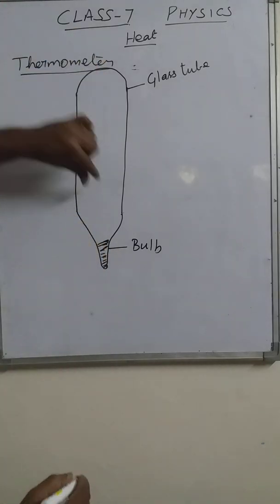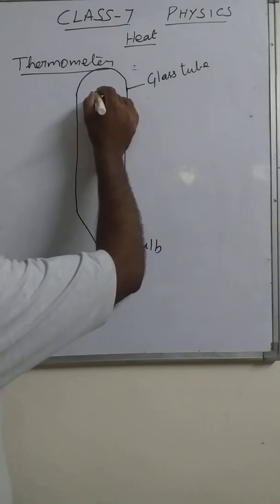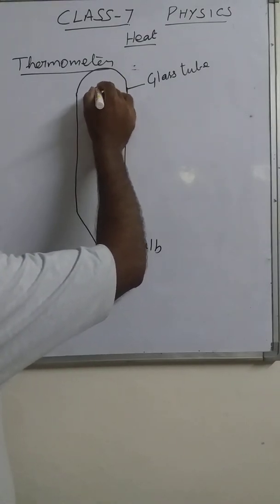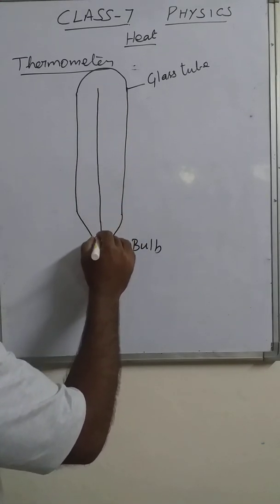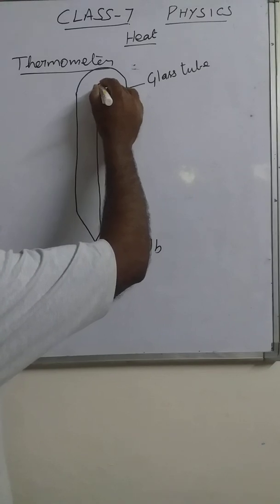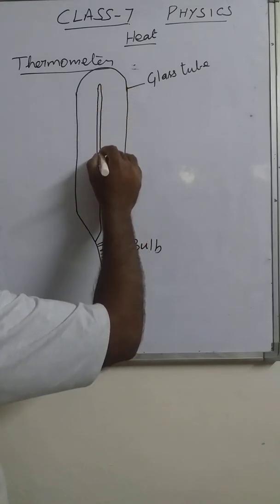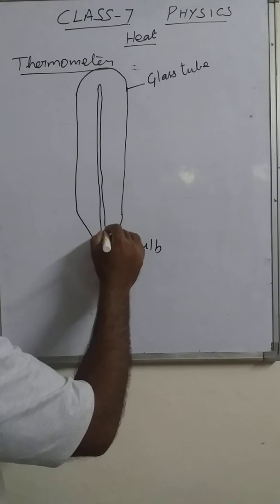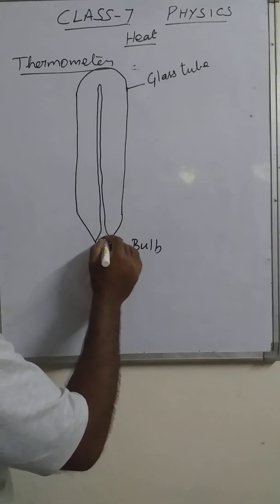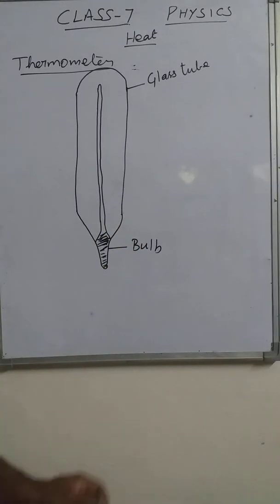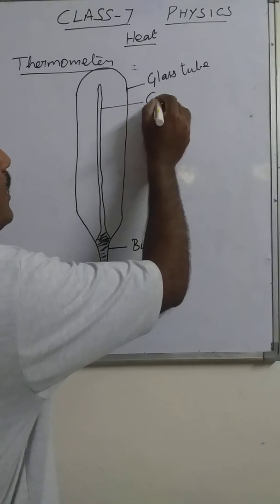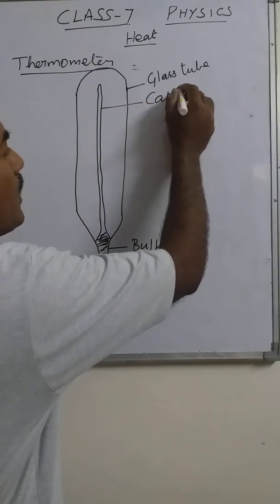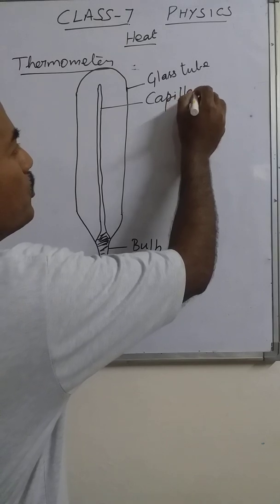And at the center of this glass tube, a very fine tube-like structure is made, a very thin tube-like structure. And this tube-like structure is known as the capillary tube. This is the capillary tube.